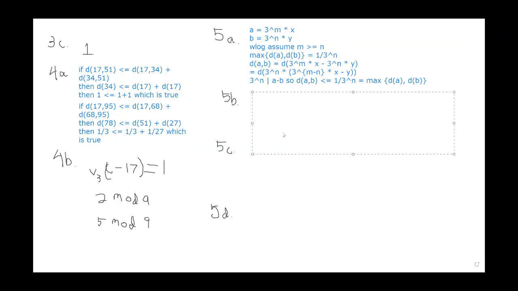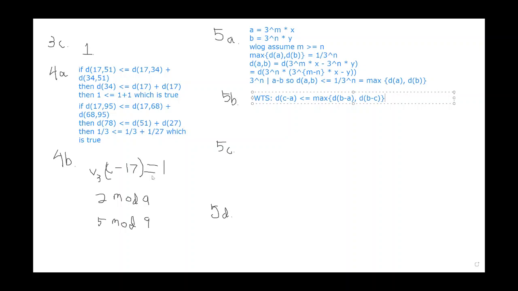We want to show that d of C minus A is less than or equal to the max of d of B minus A and d of B minus C. It doesn't matter if it's B minus A or A minus B. So I'll do 5A, I'll explain 5B, and we'll get to 5C.